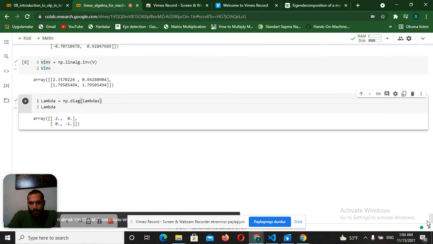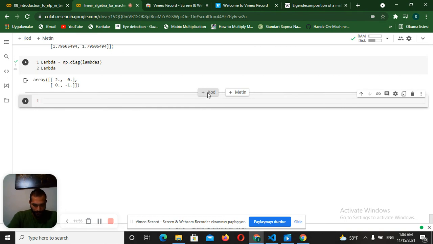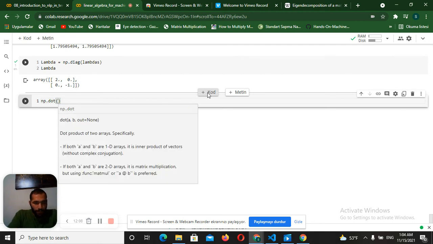Now the last thing we have to do. Now our equation will start here. We can confirm that together. We can say np.dot, and we have to put our eigenvector.